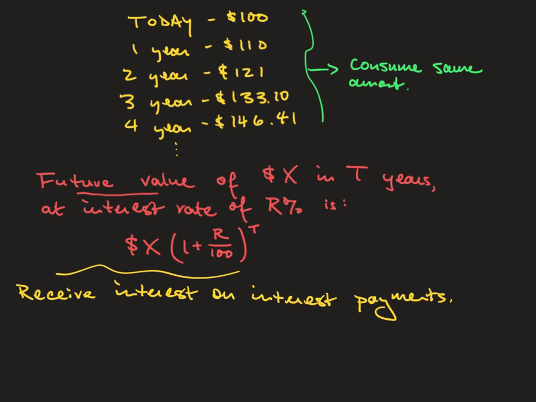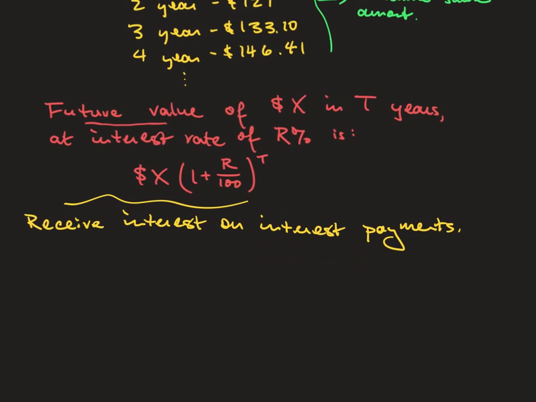And then in the next year, you get interest on your original, as well as interest on your interest, as well as interest on your interest on your interest. Year after year, you get interest on the interest you received, and so on. This has a name. This is compounding.